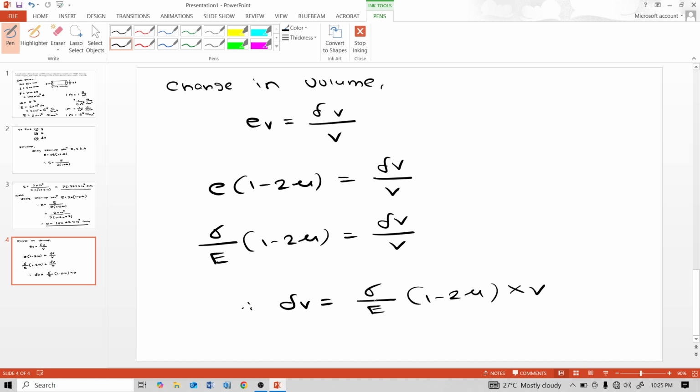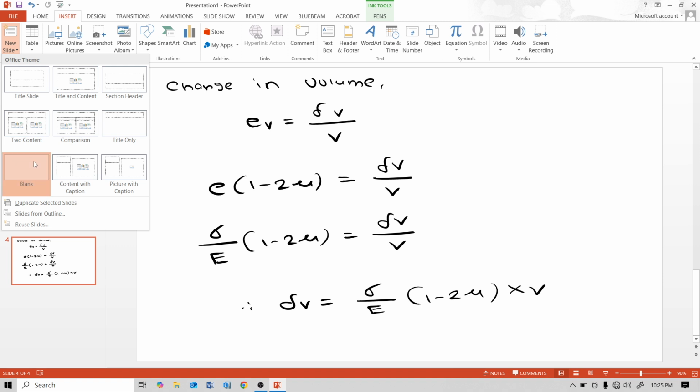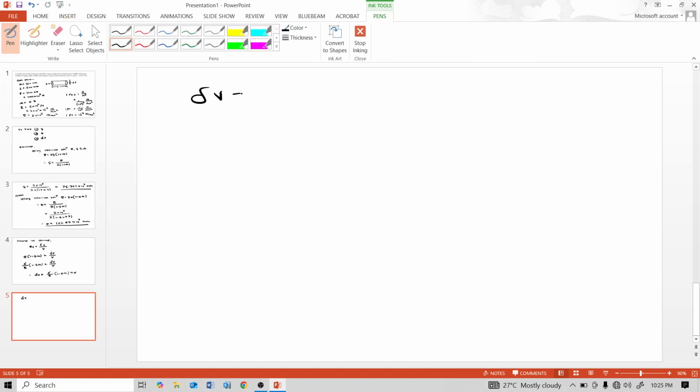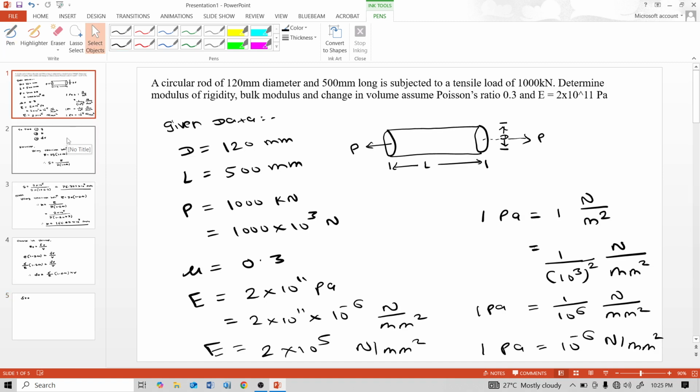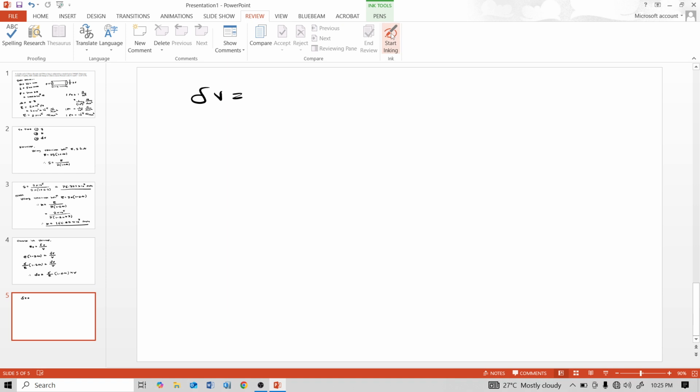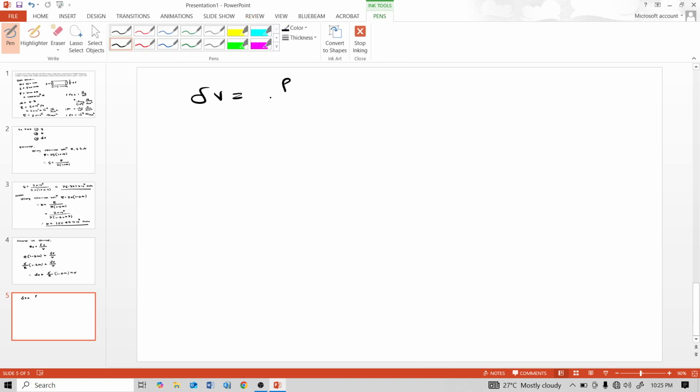Put this stress value, Young's modulus value, Poisson's ratio value and volume of this circular bar. Delta V is equal to stress, and stress is load upon area.